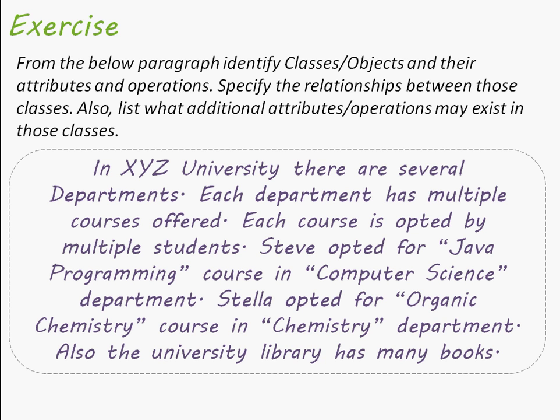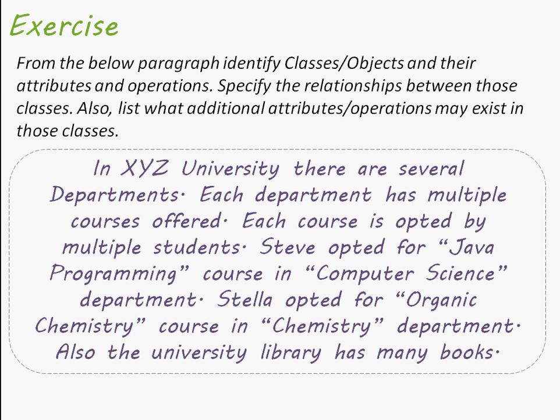So, identify what are the different classes you can find in this paragraph. Also, different objects, operations, attributes, and the relationship between the classes. For example, university is a class, but XYZ University is an object of the class called university.